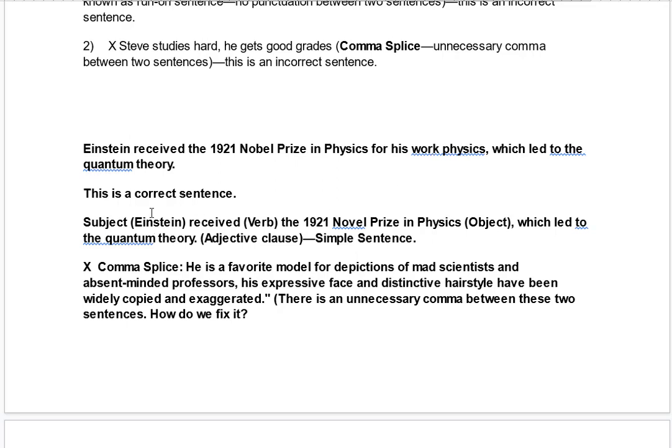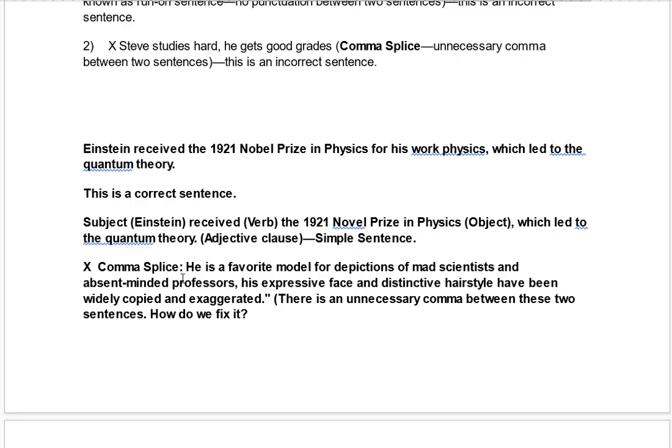So here you have the correct sentence. Einstein, subject, received, verb, the Nobel Peace Prize, object. Then you have a comma, which led to the quantum theory. So here, before which led to the quantum theory, you should have a comma. So anyway, this is the correct sentence.